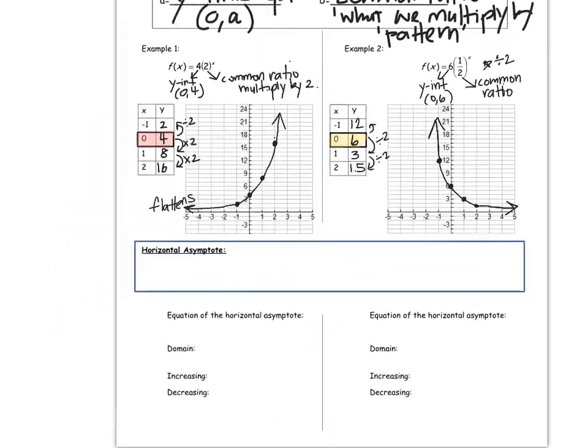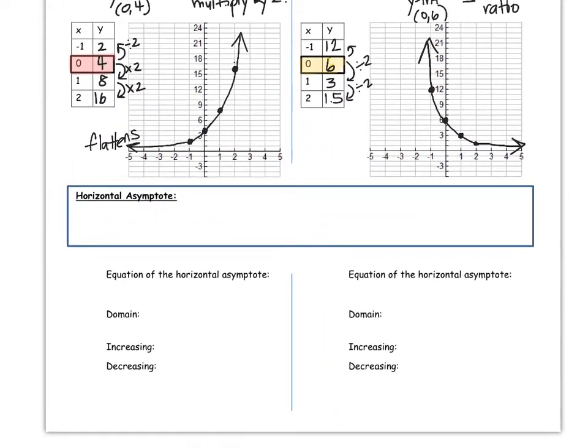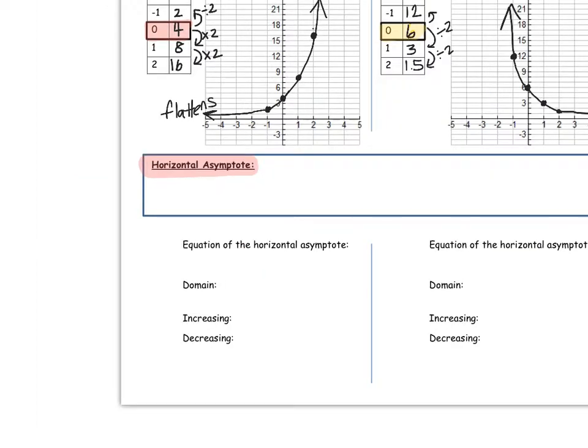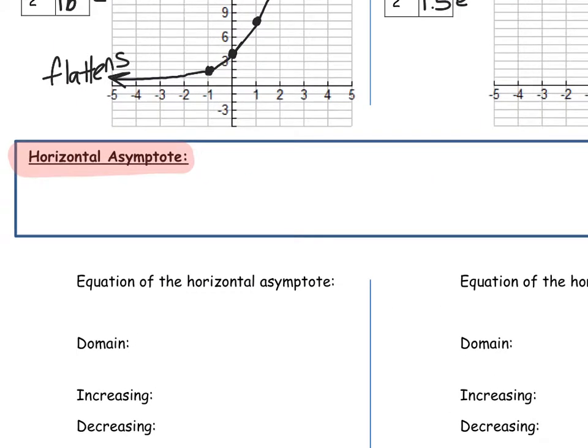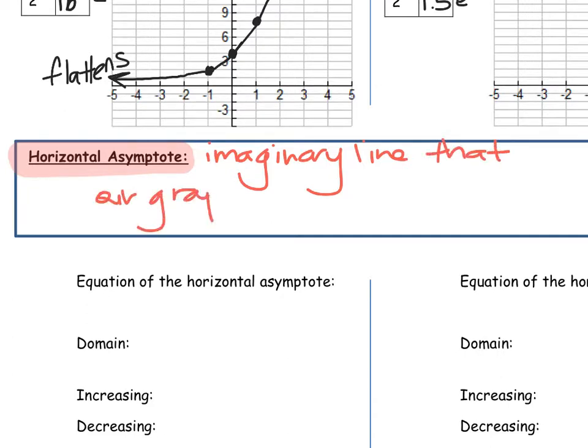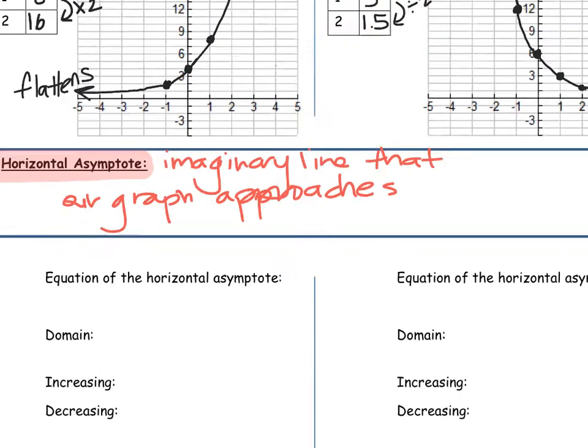Okay, the next part is this brand new word. And this comes up a lot more in Algebra 2, but we're going to touch on it right now. A horizontal asymptote is an imaginary line that our graph approaches at the ends.